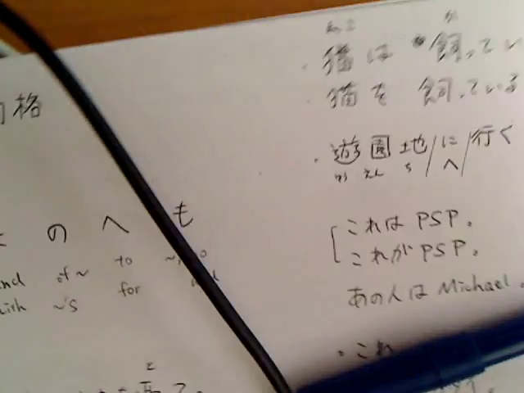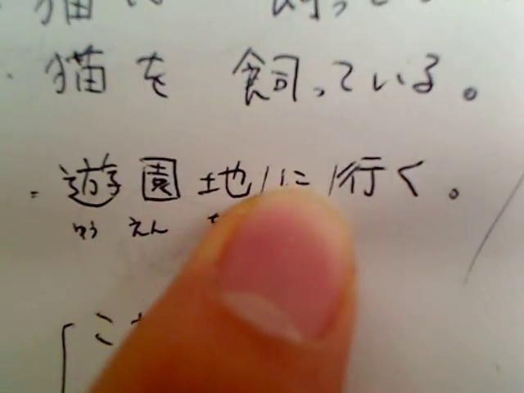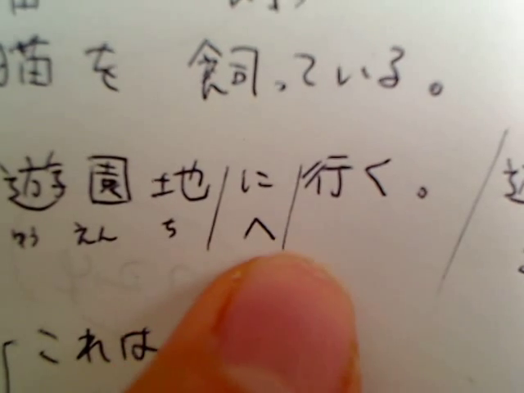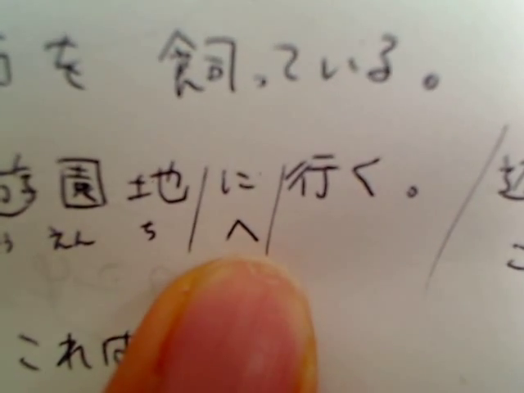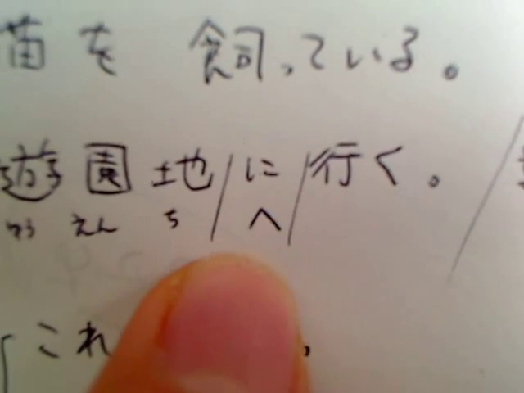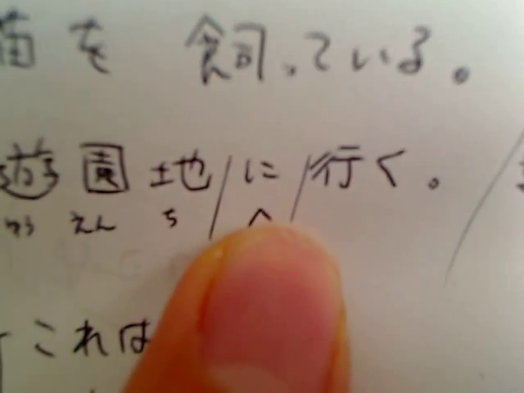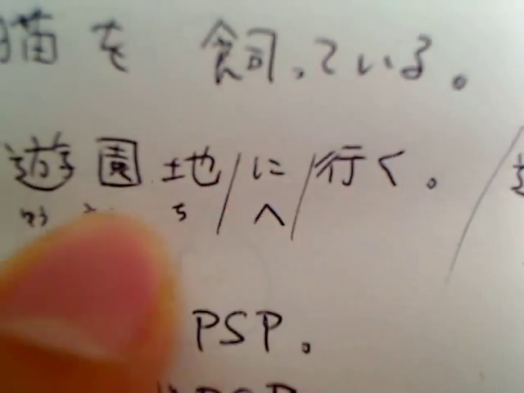As an example, 遊園地に行く. 遊園地 is an amusement park, also theme park. You can also say 遊園地へ行く, but commonly I would mostly say に.